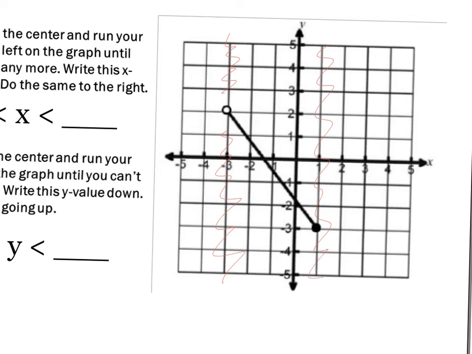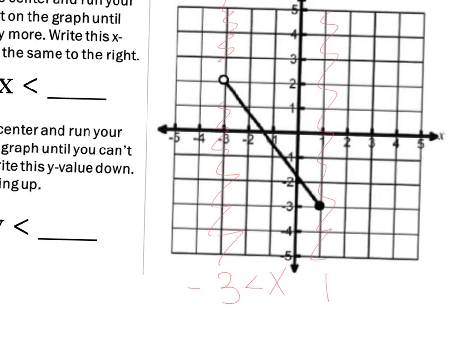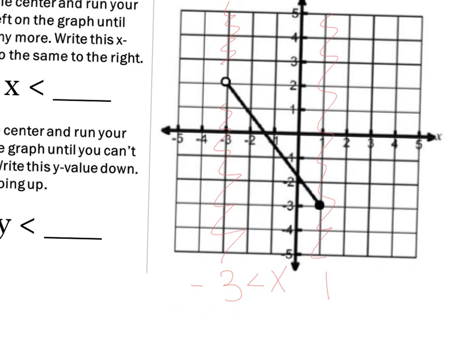So my domain is going to be from -3 to 1. Now, on my -3, I have an open circle. So I am not going to put a line underneath this inequality. My domain is x, so I'm going to put x in there. On my 1 right here, it is filled in, so I'm going to put a line underneath this inequality.